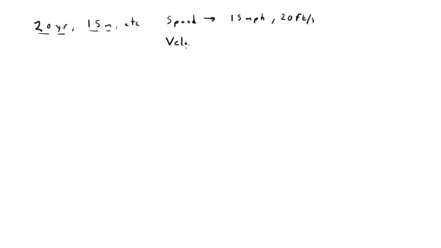Velocity has direction. So we may have to say the velocity is 20 miles per hour toward Phoenix.